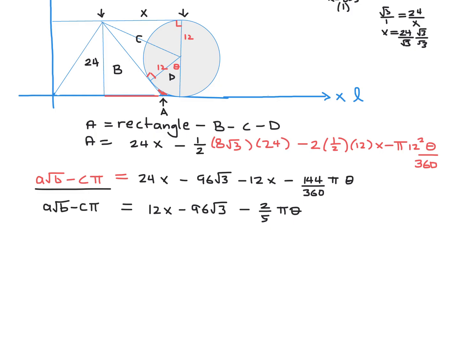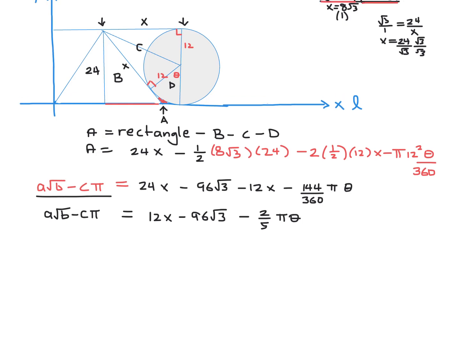Okay, but we, of course, now have to figure out what is x, because that is the missing piece of the puzzle here. X should be interesting. If you look at this, since those two triangles were similar, x is also the distance from this point here to this point right there.